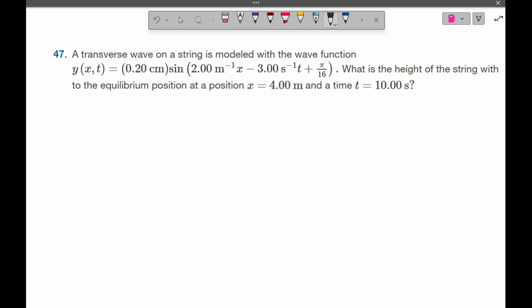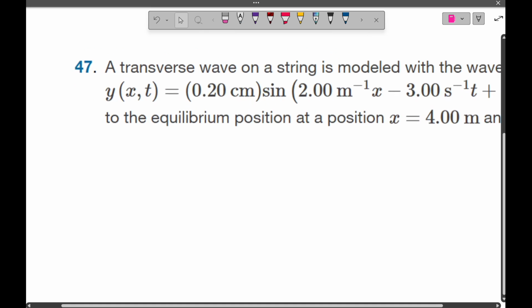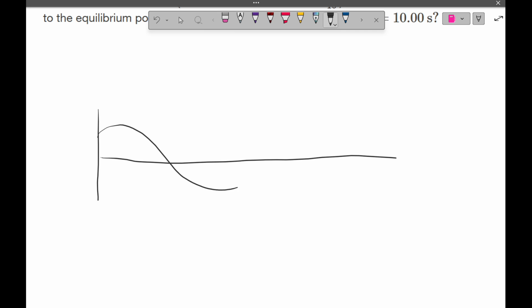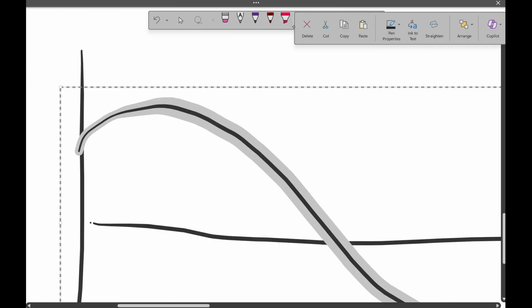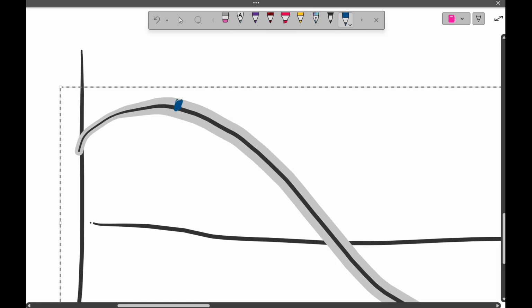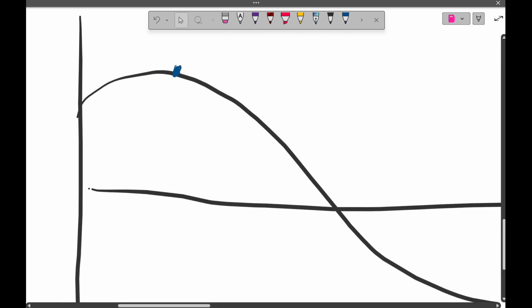So in this case, we have a wave function describing y of x and t, which has been explained this way a few times, but imagine a string being yanked up and down like that, and you have a point on that string. This could be a jump rope. I'm not a jump roper myself, but if this makes sense, you can think of it that way.